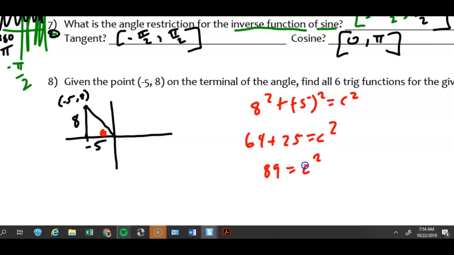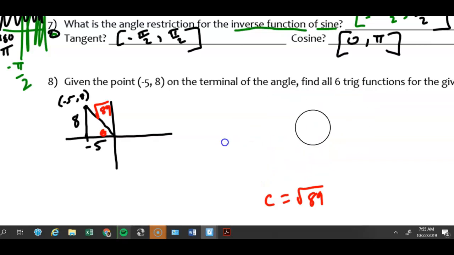And then what is the square root of 89? So c equals the square root of 89. Now that we have that, guys, we can find all 6 trig functions, okay?